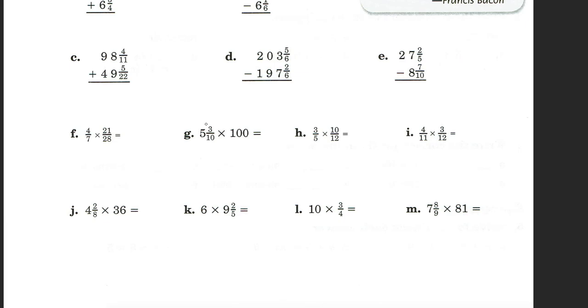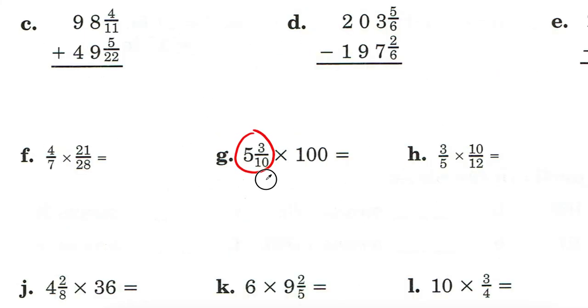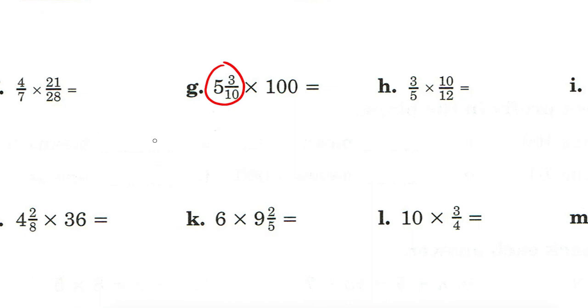Some of you guys are having a tough time changing a mixed number into an improper fraction. Remember, for example, for 5 3/10, you would multiply the 5 by the denominator, which in this case is 10. So 5 times 10, and then add the numerator, 3.